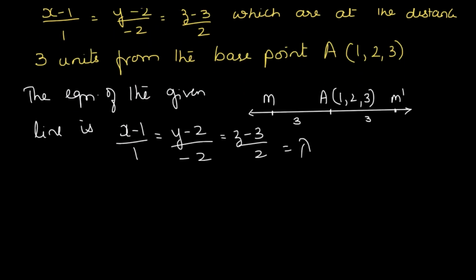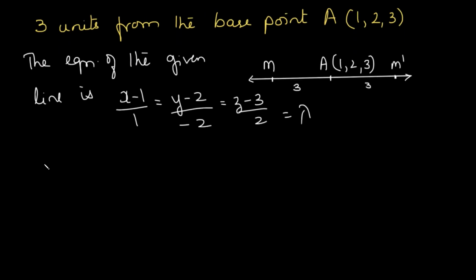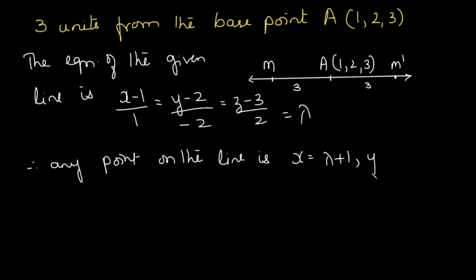Then from this, the coordinates of any point on the line are given by x is equal to, as usual we cross multiply, x is equal to lambda plus 1, y is equal to minus 2 lambda plus 2, and z is equal to 2 lambda plus 3.